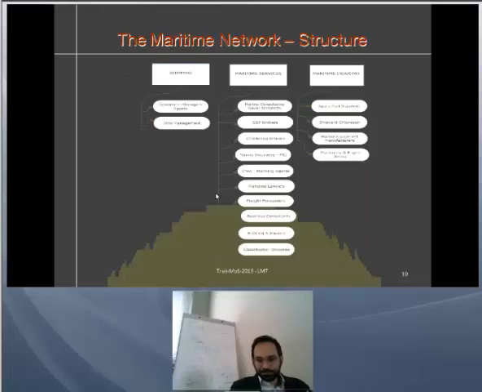So here we have an example of a typical maritime network. We usually have one of the branches of the network is the shipping operations, and then we have the maritime services, and then we have the maritime industry, which is separate from that. In shipping, we usually have operators, managers and agents of vessels, and ship management companies.